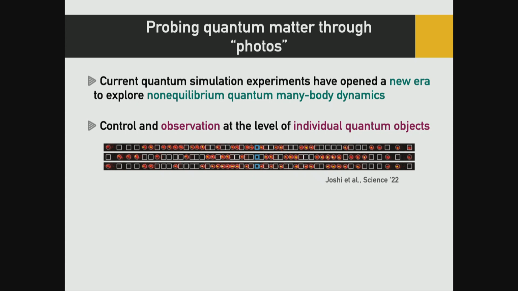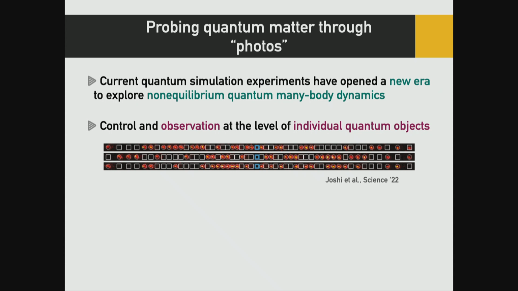What that means is that with current technologies, and also thanks to the developments in imaging techniques, nowadays we can take essentially photographs of a quantum many-body state, as illustrated here from this figure taken from a recent experimental work.